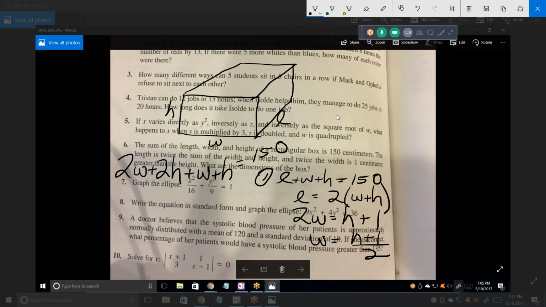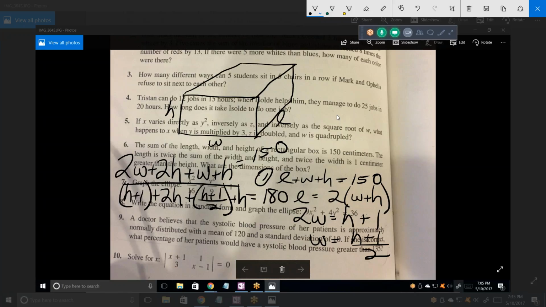So I'm going to go back to this equation that I have right now, and wherever I find W, I'm going to put H plus 1 over 2. Well, this term becomes H plus 1. This is still 2H. This becomes H plus 1 over 2, and this becomes H.